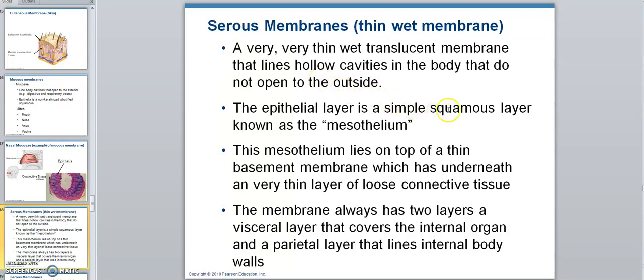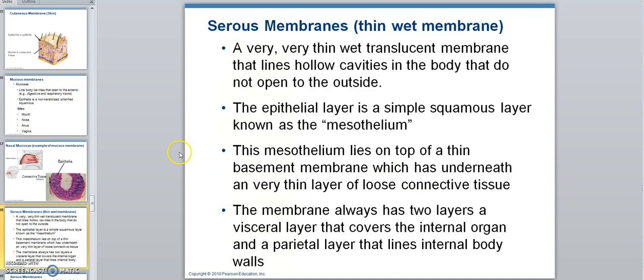So you can afford to have a simple squamous layer. The simple squamous layer, again, we've spoken, is called the mesothelium. Remember, we talked about mesothelioma. Underneath, you have a basement membrane. And under that, a very thin layer of loose connective tissue. In other words, if I held a serous membrane up, you could see through it, almost like wax paper.